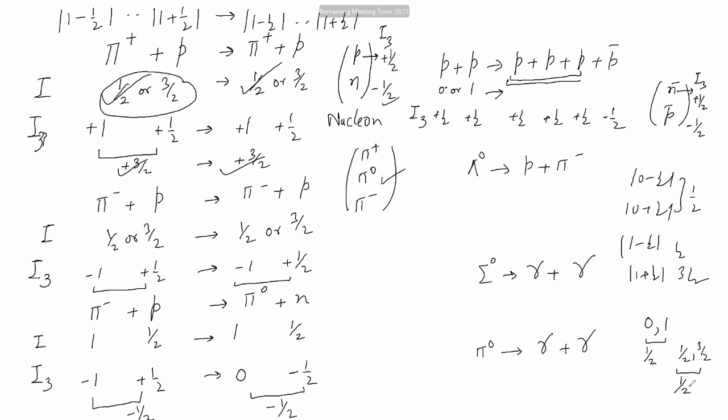This was giving us 0, 1, and 3 by 2 minus 1 by 2, 3 by 2 plus 1 by 2. 3 by 2 minus 1 by 2 will give me 1, and 3 by 2 plus 1 by 2 will give me 2. Therefore, the values from here will be 1 and 2. 1 we have already included, therefore you have 2. Therefore, here the possible values are 0, 1 or 2.